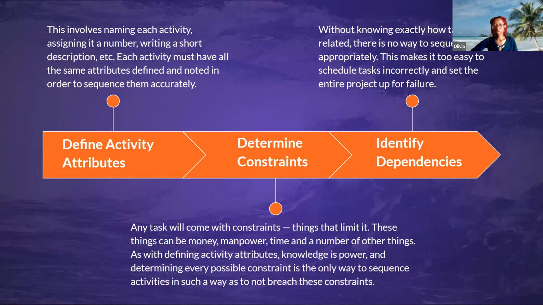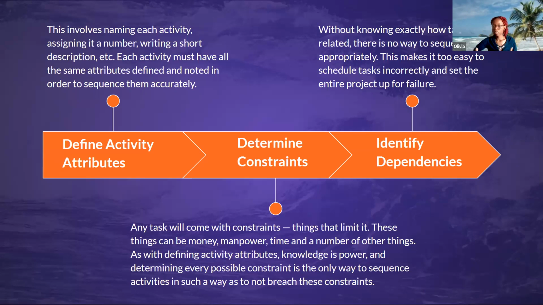So just like defining your activity attributes, when you determine your constraints, it actually gives you power over your project. You're able to tell where there are constraints, and work in such a way that you do not reach those constraints as well. That's really what we mean by determining constraints in project sequencing.